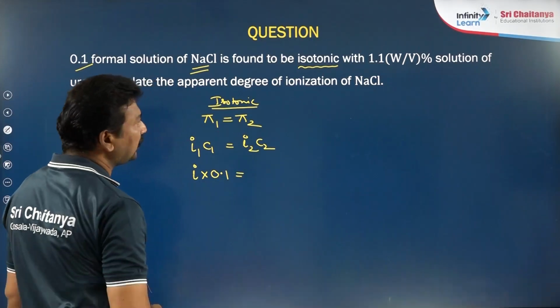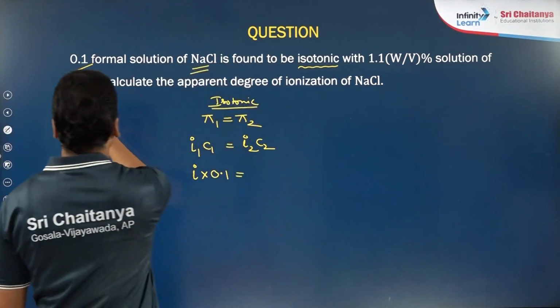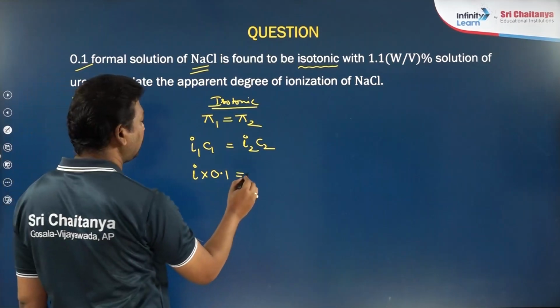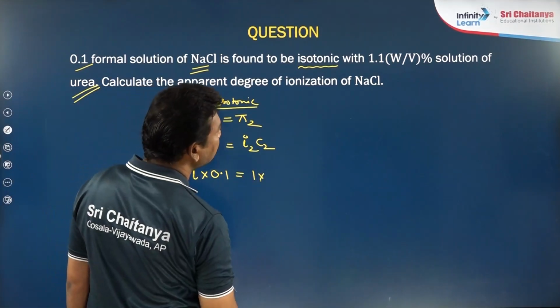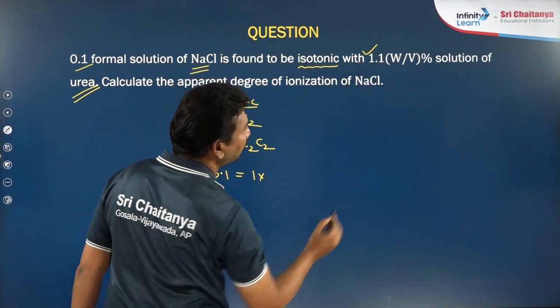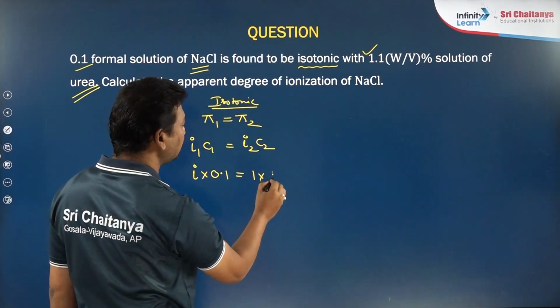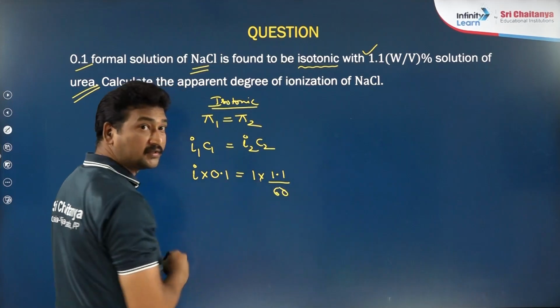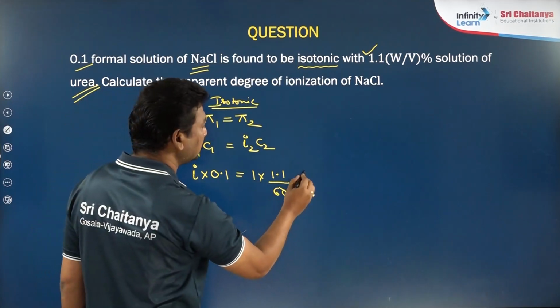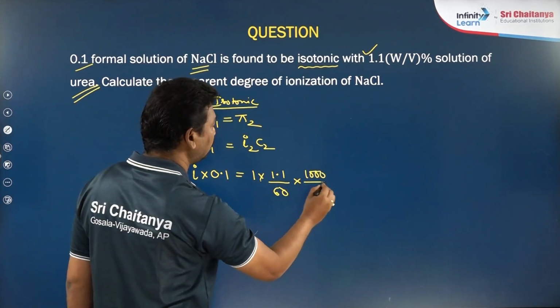And i2 value for urea, this is a non-electrolytic non-volatile solute, 1 into its concentration, 1.1 weight by volume percentage, in the sense the weight of urea is 1.1, the molecular weight of urea is 60, into 1000 by 100.